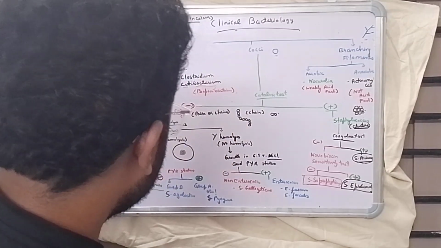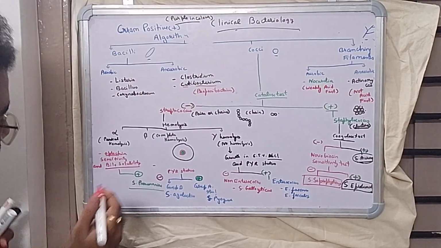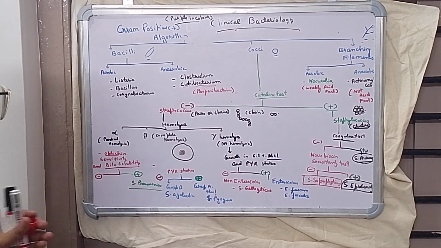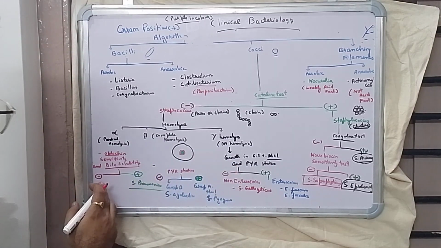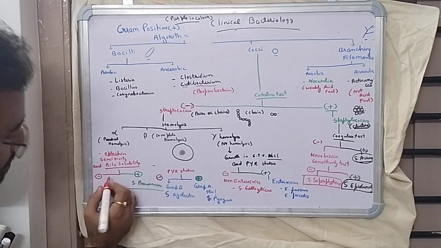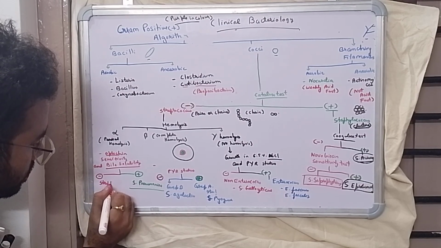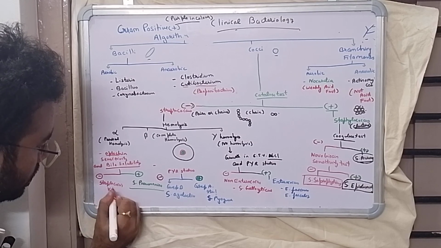Okay, now negative will be alpha hemolysis, optochin sensitive, bile solubility positive: S pneumoniae, and negative will be Streptococcus viridans.